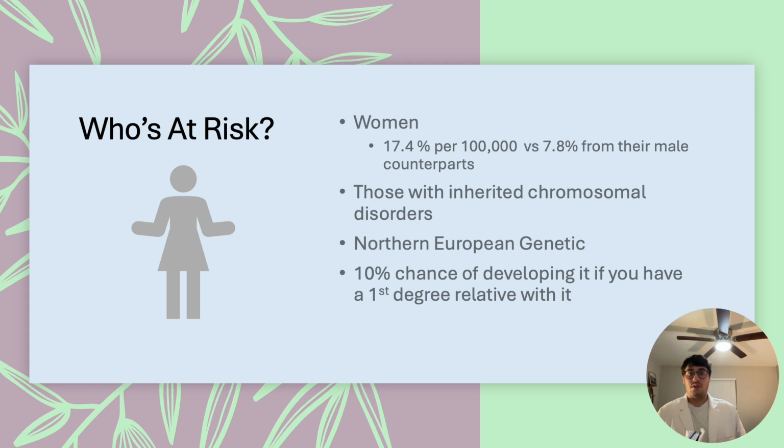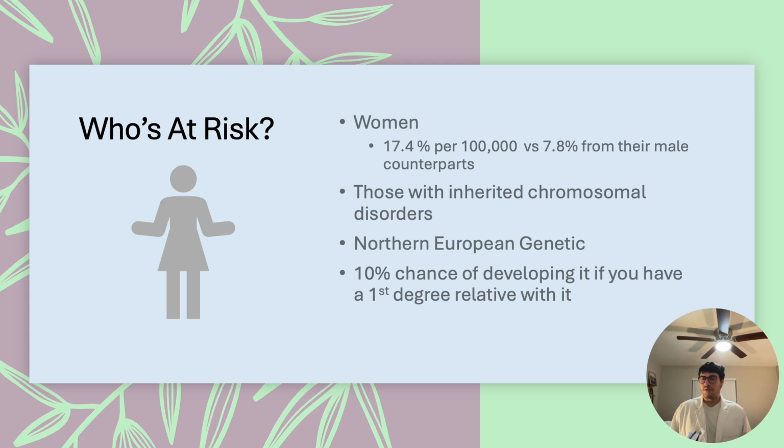So unfortunately for those of the fairer sex, it's more prevalent in them, more than twice as much. So the numbers break down to around 17.4% per 100,000 women end up having celiac disease, while in their male counterparts, we saw 7.4% per 100,000.